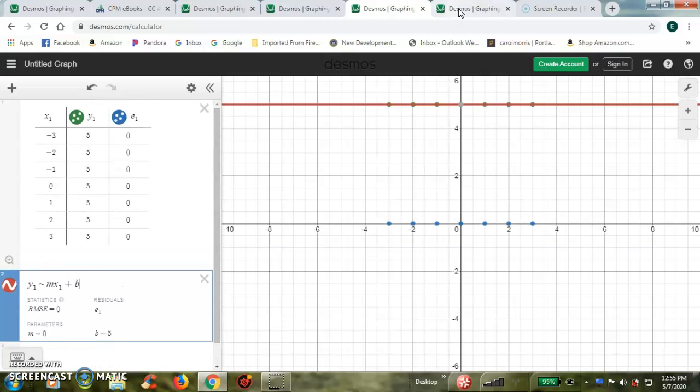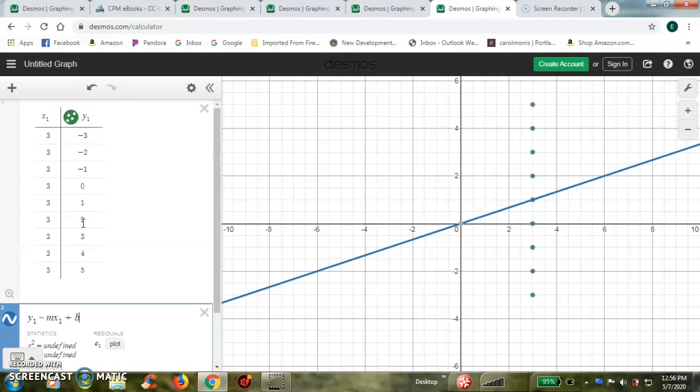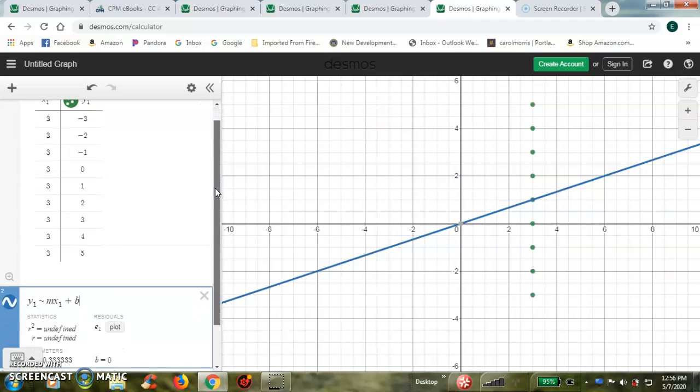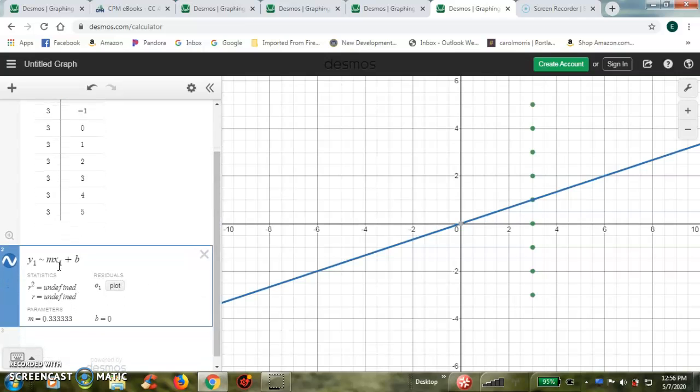So 0 slope means 0 correlation. It basically means it doesn't matter what x is. All right, here's the other last one I'm going to show you. This is, of course, a vertical line. So in my table, I just put in all 3's for my x's, so it would just be x equals 3. Again, there's no correlation between the x and y, because in this case, it doesn't matter what y is. But in this case, they call the correlation coefficient undefined. And that's because it's got an undefined slope. I kind of think about it as the relationship is just not clear.